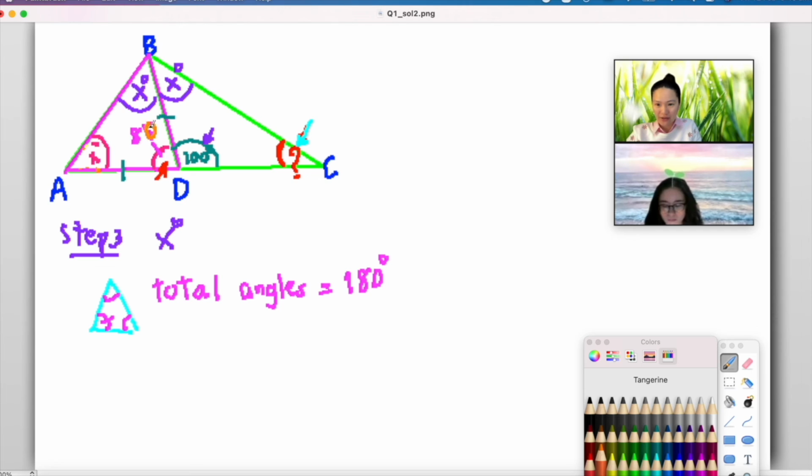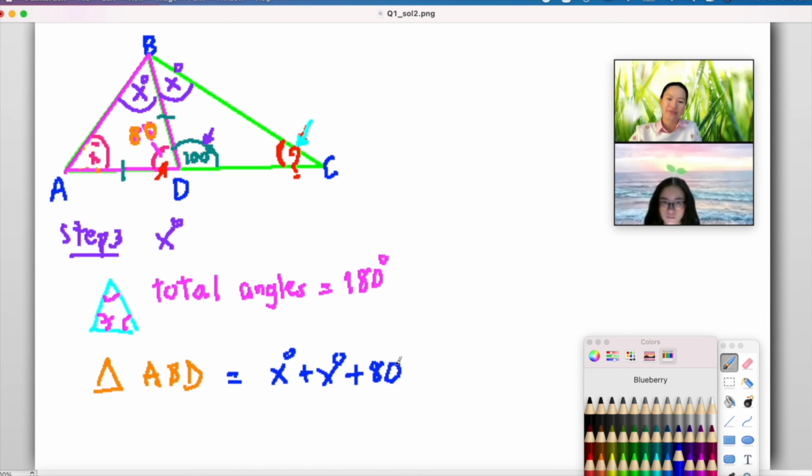We just find out 80. So look at the triangle ABD. Can you see that the angles come together equal x plus x plus 80, and all of them need to equal 180? Yes, good job.